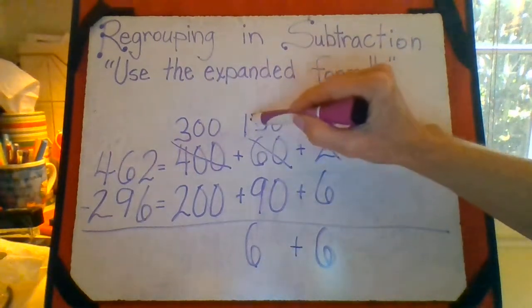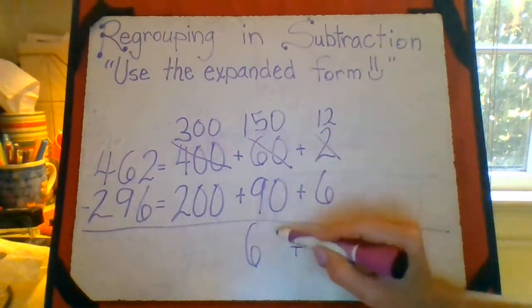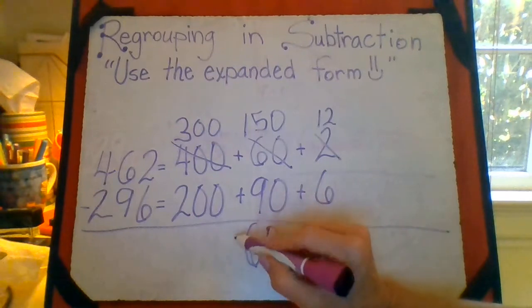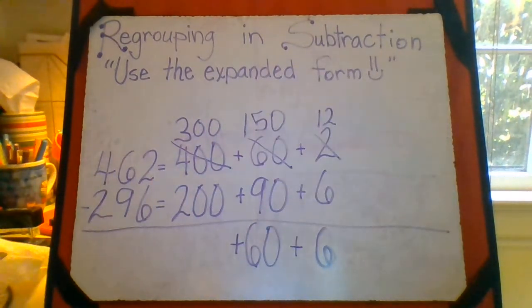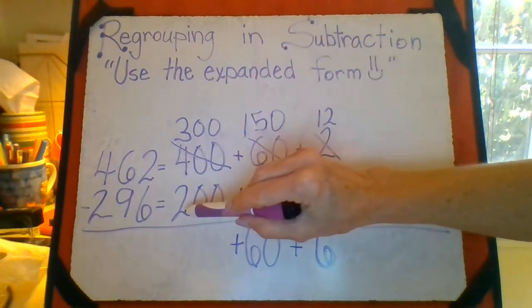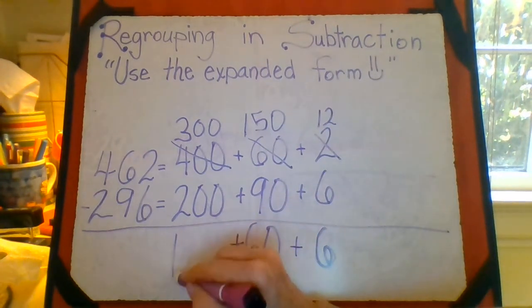So 150 minus 90 is 60. Now I'm going to add that to the hundreds that I'm going to subtract. 300 minus 200 is 100.